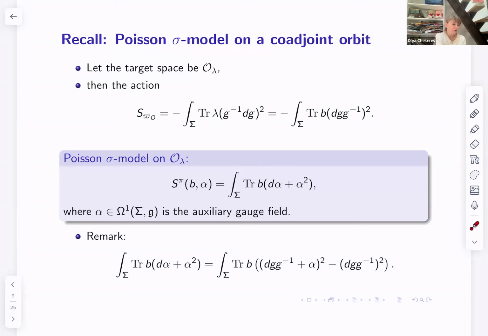And then we can define the Poisson sigma model on the quadrant orbit in the following way. So the Poisson structure here is given by B, and then there are structure constants hidden here in alpha squared, which is actually a commutator of two forms taking values in the Lie algebra. So this is a small remark on how this computation is done.